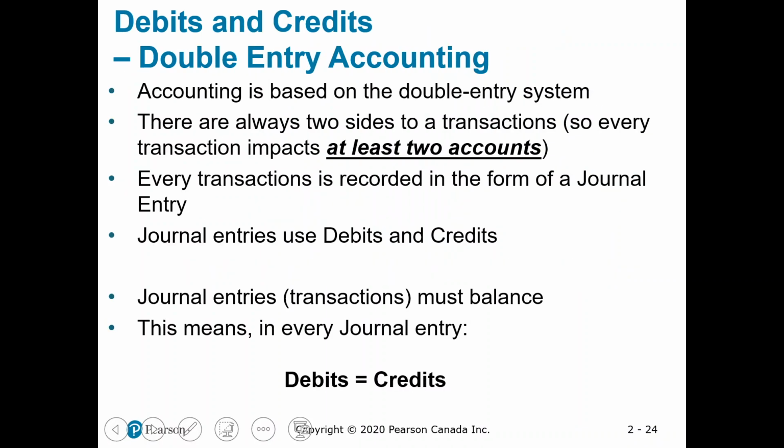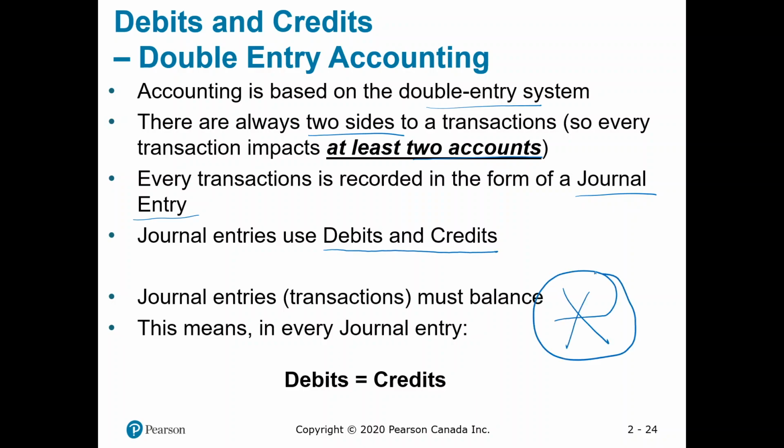So we already discussed this a little bit, that accounting is based on the double entry system. There's always 2 sides to a transaction, so at least 2 accounts. Each transaction is recorded as a journal entry. We know for journal entries we're going to use our debits and our credits. And now here's the hugest, most important part about an entry: they must balance.